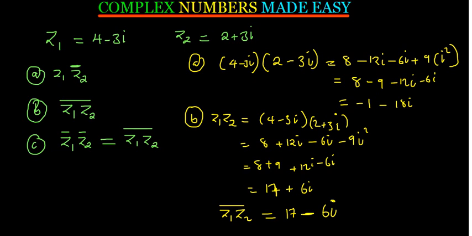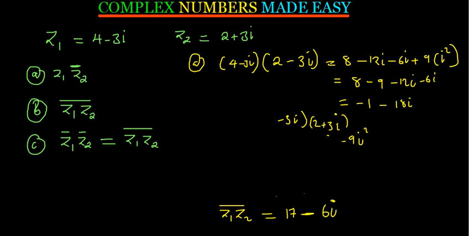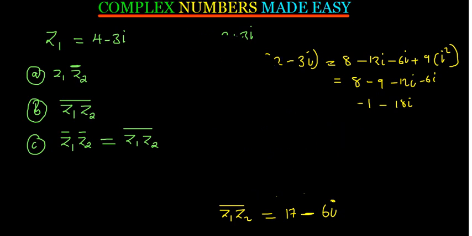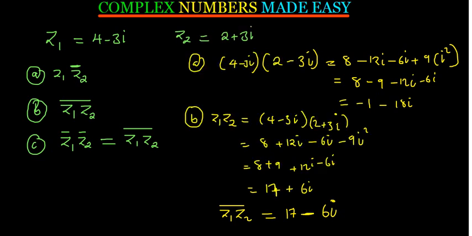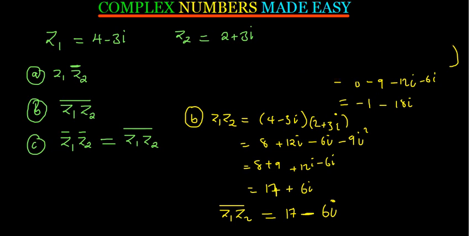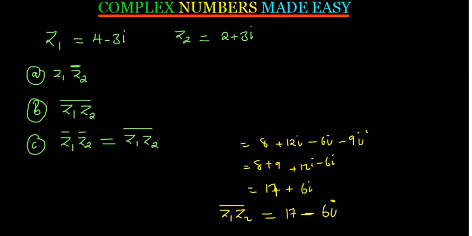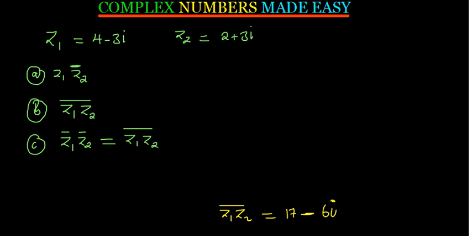Okay. Now let's work out C. We want to prove that Z1 conjugate times Z2 conjugate is equal to the conjugate when you just multiply directly Z1 and Z2. So I think you've already seen how I have worked out Z1, Z2 with a conjugate on top on both of them. Now let's find Z1 conjugate and multiply to Z2 conjugate.